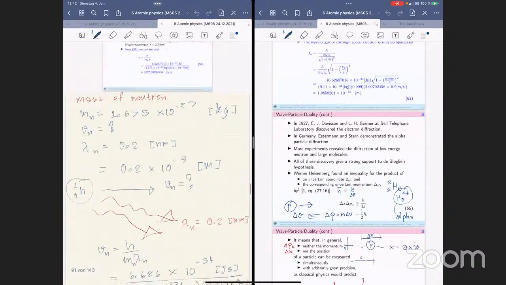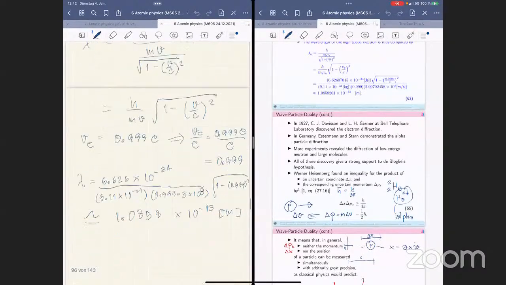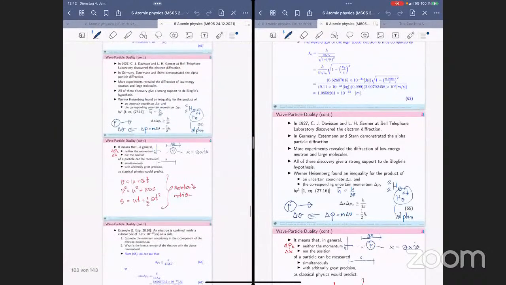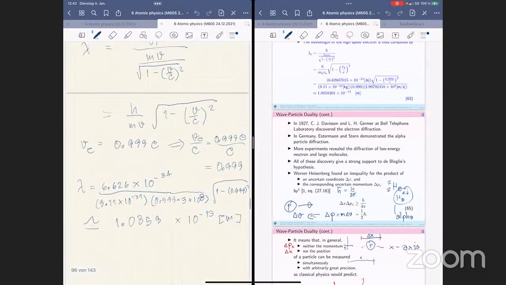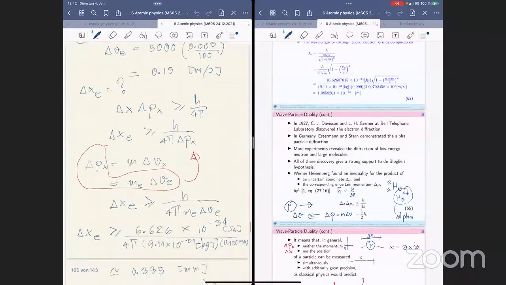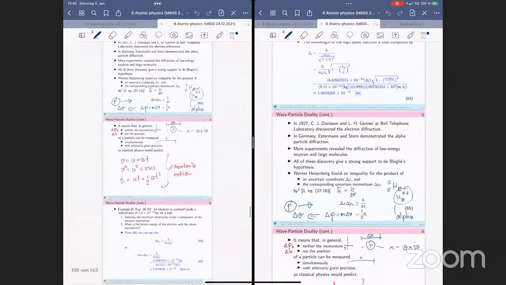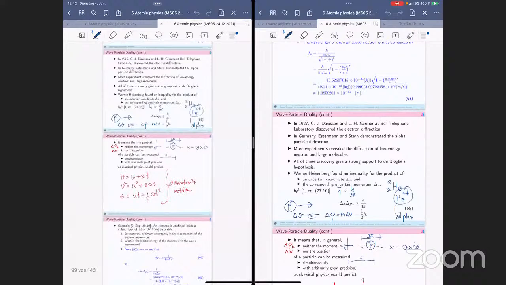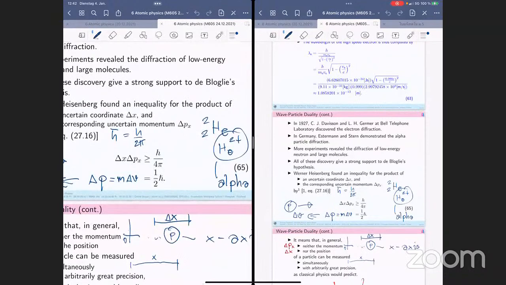Yes, the de Broglie wavelength has already been discussed, and what is that? The Heisenberg uncertainty along the x-axis here, right? This expression in 65.